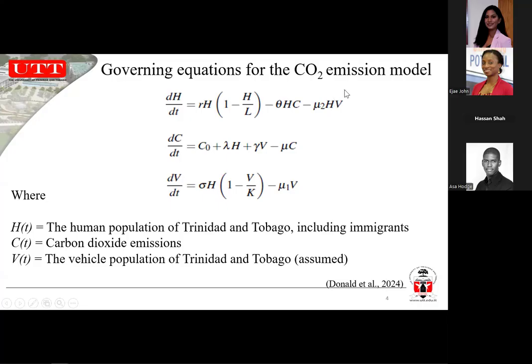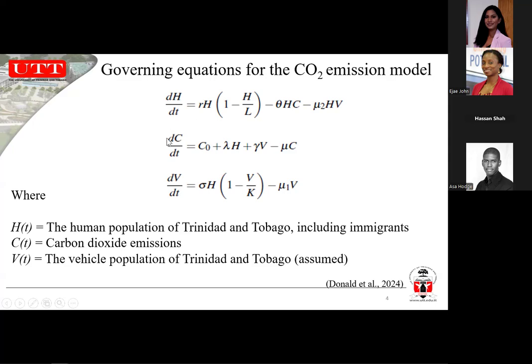And we have this expression, which we have added to Donald et al.'s model, which he did not consider. This stands for the death rate of humans due to vehicular accidents.